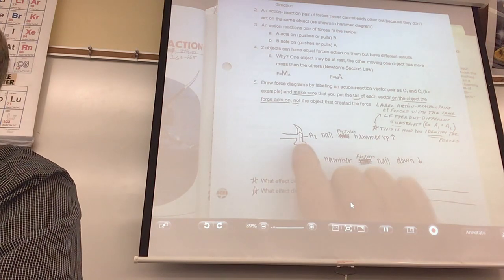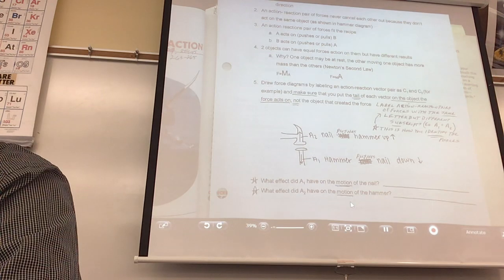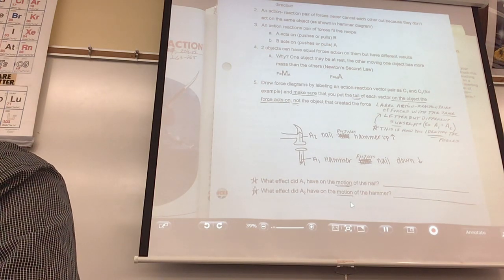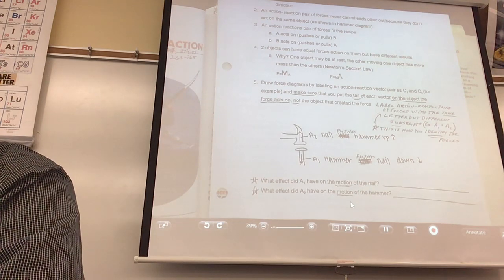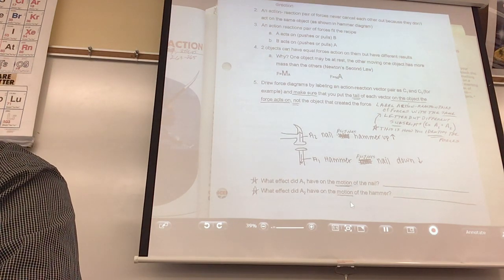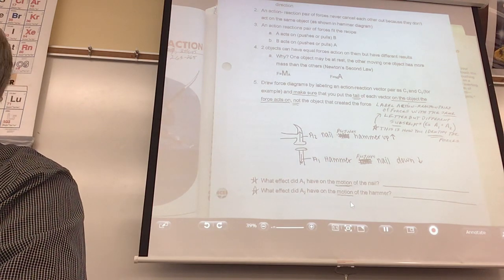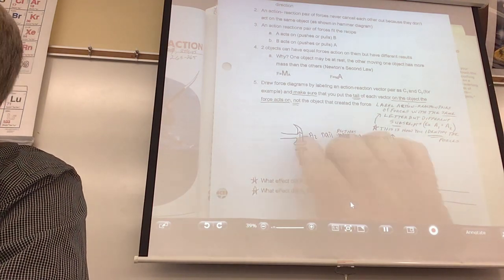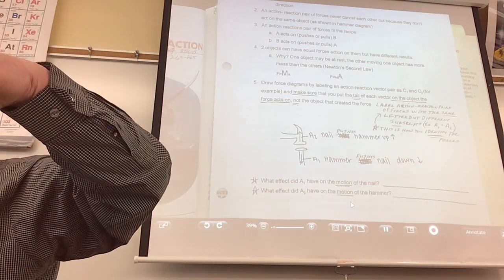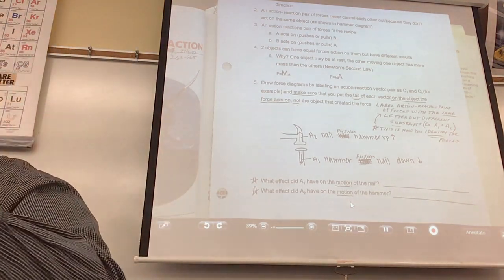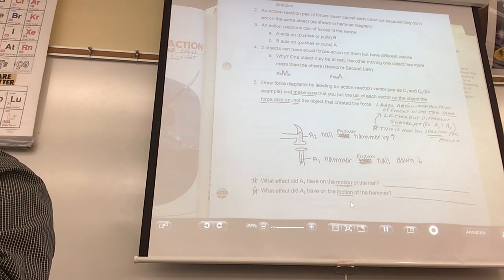Okay, now, what about this one? What effect did A2 have on the motion of the hammer? Or you could have said decelerate the hammer, or you could have said what? Accelerate the hammer upwards. Now, can I ask you this question? The same magnitude force, but they had different results. One accelerated downwards at a great acceleration, and one was decelerated, but it wasn't huge.